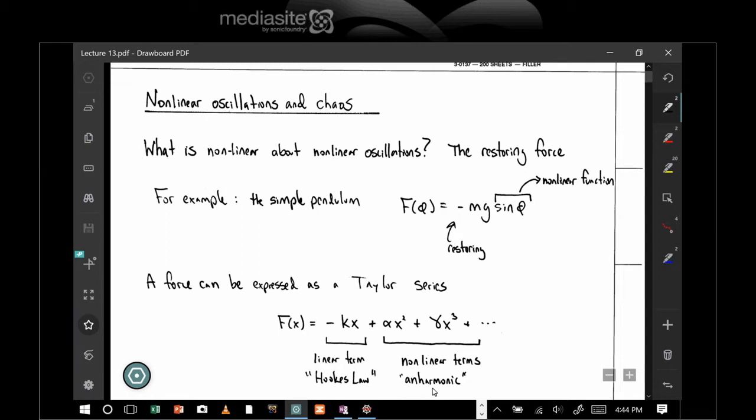And these are called anharmonic, meaning that the solutions for this type of restoring force are not harmonic functions. And in general, we cannot come up with an analytic solution for that particular differential equation. We have to use a computer to solve it. So what's nonlinear about nonlinear oscillations? The restoring force is nonlinear.